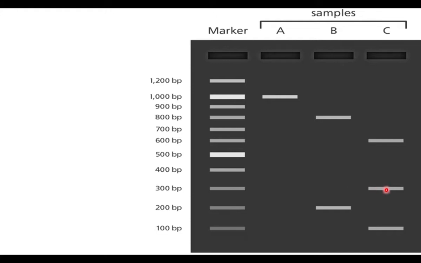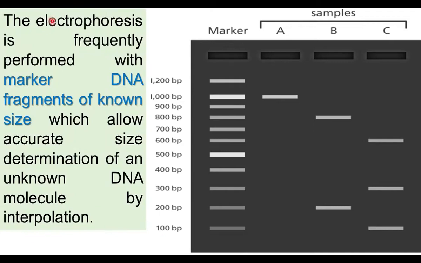This one matches 300 base pairs marker DNA. This one, 200 base pairs. This one matches the smallest marker DNA with 100 base pairs. Electrophoresis is frequently performed with marker DNA fragments of known size, which allow accurate size determination of an unknown DNA molecule by interpolation.